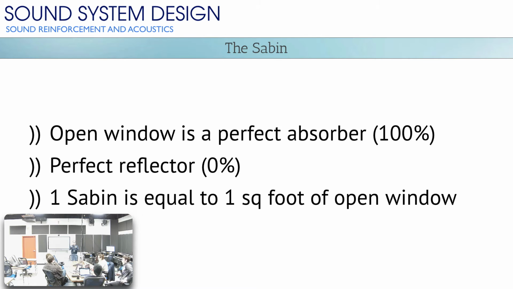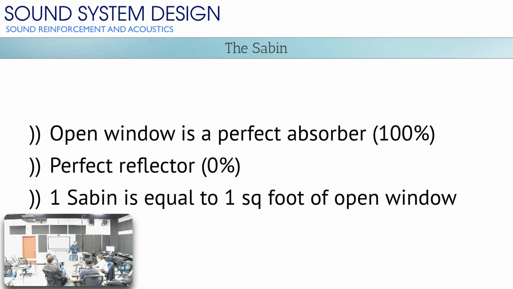And if the whole thing was open window, then it would be whatever number of Sabins would cover that entire surface. So if it was a 10-foot by 10-foot wall that was a perfect absorber, how many Sabins would that be? Probably 100 Sabins, right? Because there would be 100 square feet on that. So you would call that wall 100 Sabins.